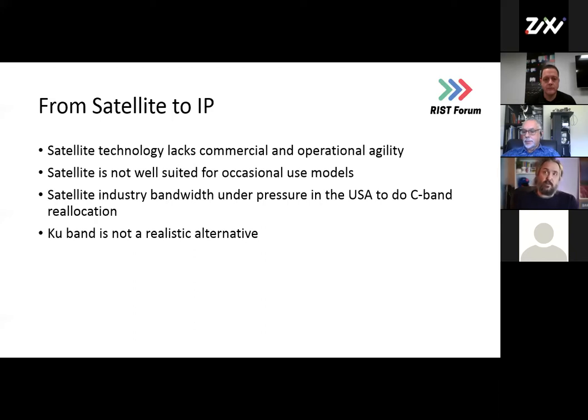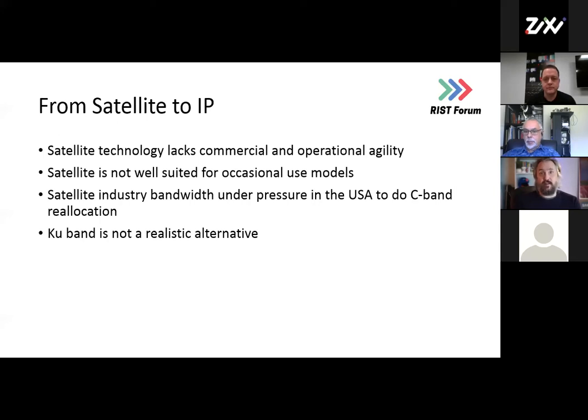And one of the things that we're learning a lot about here is that when you compare terrestrial IP technology with satellite, there are definitely some stark differences that I think are more in favor of these newer ARQ-based, RIST-like protocols. And particularly, I think commercially, there's a challenge with satellite. This is expensive commodity hardware that somebody's paid a lot of money to put up in space.